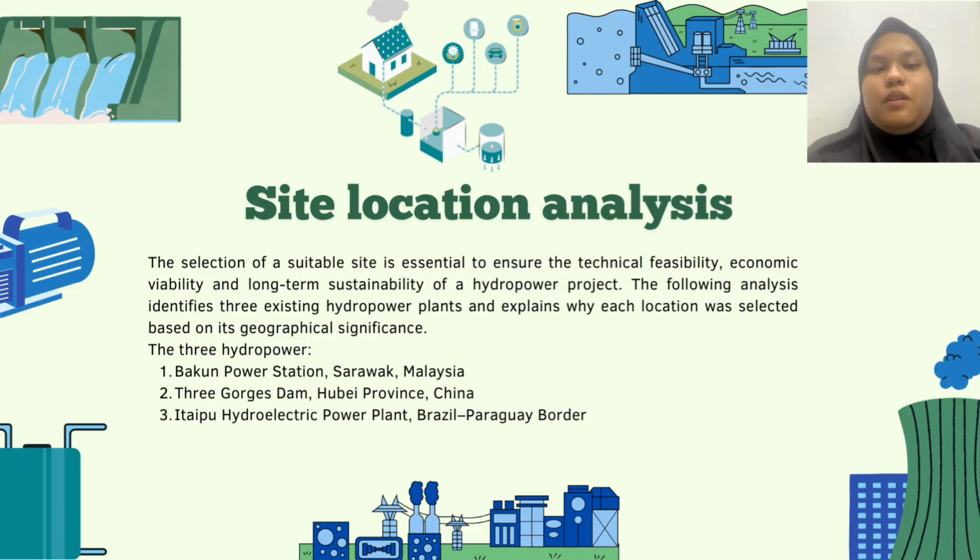The three hydropower plants that we selected are the Bakun Power Station in Sarawak, Malaysia, Three Gorges Dam, Hubei Province in China, and Itaipu Hydroelectric Power Plant, Brazil, Paraguay border.